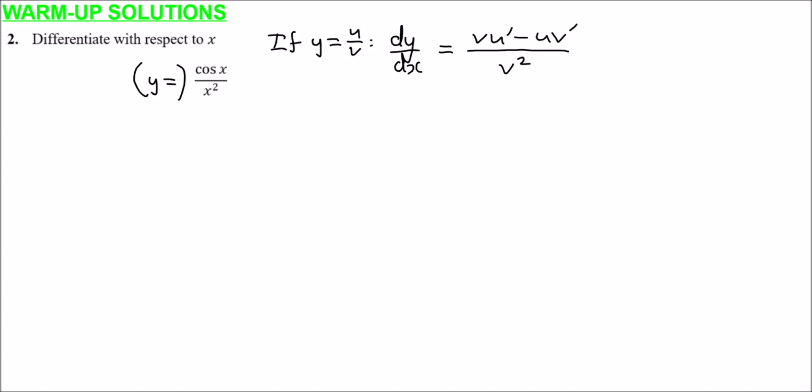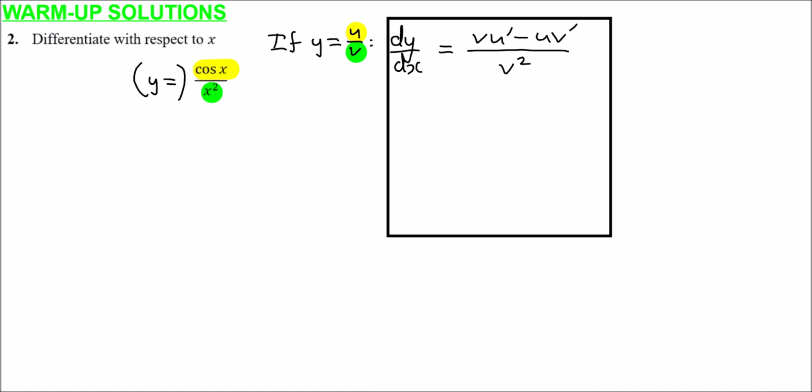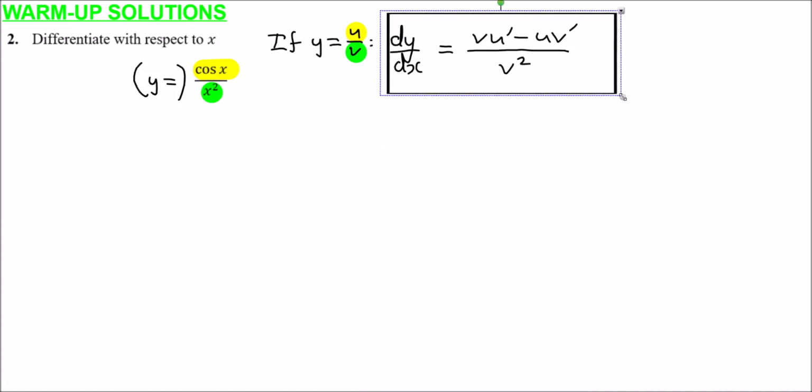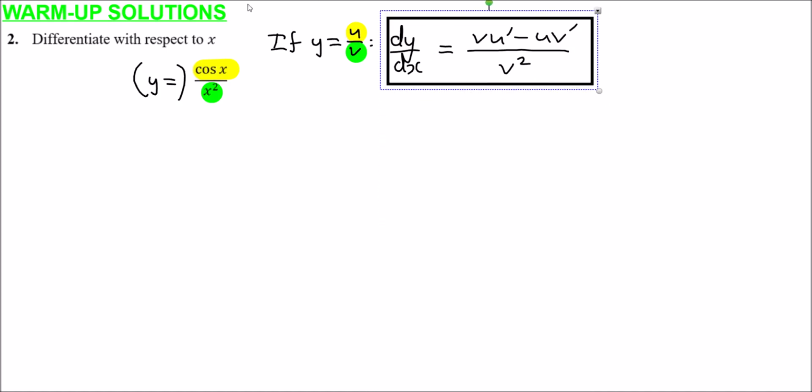So here, of course, we can define u as cosine x, and our v function is x squared. I'll put this into a little box so it doesn't get in the way, just there to remind us in this next step when we actually compute it. I would always suggest to write down u and v separately.